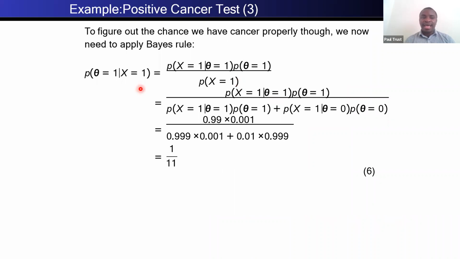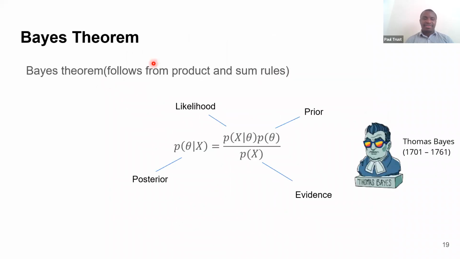If you want to figure out the chance we have cancer properly, we need to do this through Bayesian inference. What is the chance that we actually have cancer and the test is positive? From Bayesian inference, it follows that the probability of theta given x is the probability of x given theta times the probability of theta, over the probability of x.